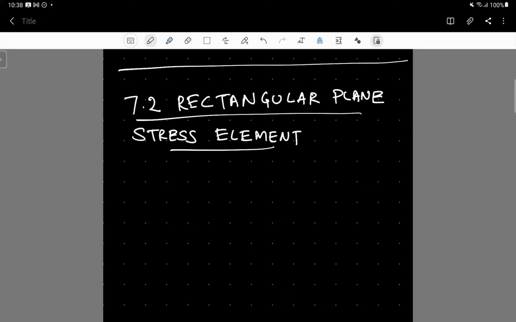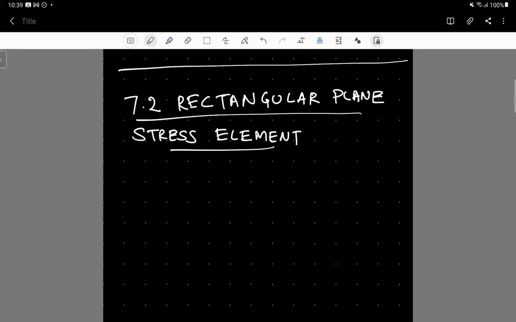Even a rectangular element can be subdivided into small triangular elements to capture even the finest displacement at a certain location, on a certain edge. So those are the advantages as well as the disadvantages when we talk in terms of different types of elements.